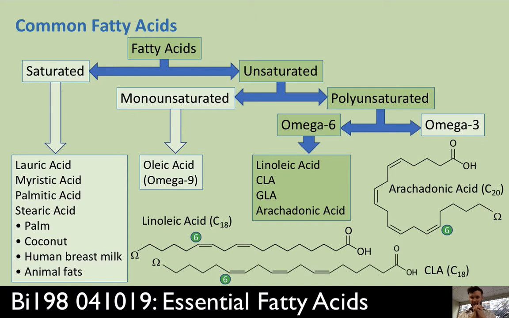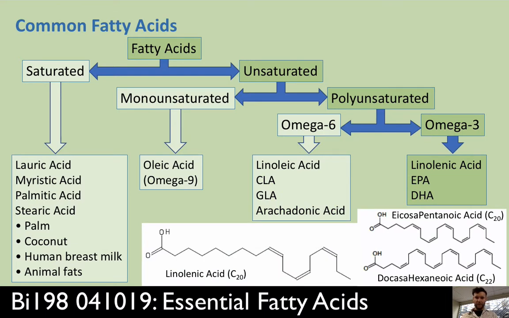But arachidonic acid is an important fatty acid in terms of steroid synthesis, hormone synthesis. And then there are omega-3 fatty acids, where the degree of unsaturation is much closer to the end of the fatty acid. So the omega-6 has it 6 bonds from the end, of course, and then omega-3, the terminal double bond is 3 from the end.